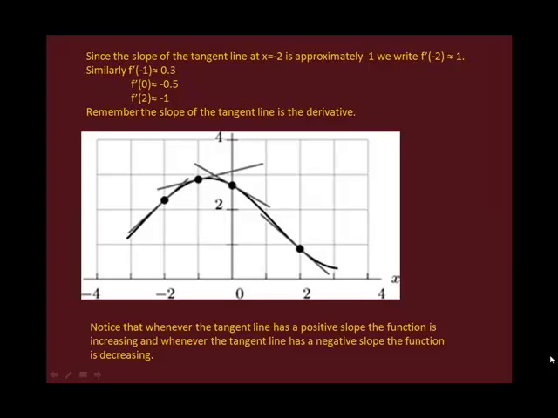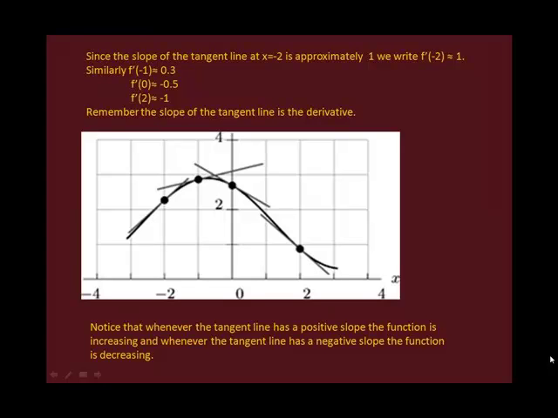So I can write that as f prime of 0 is approximately -0.5. And then lastly, when x equals 2, I drew in the tangent line, and I approximated that slope to be approximately -1, so f prime of 2 is -1. Remember, the slope of the tangent line is the derivative at that point.